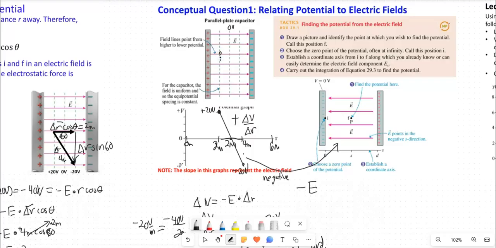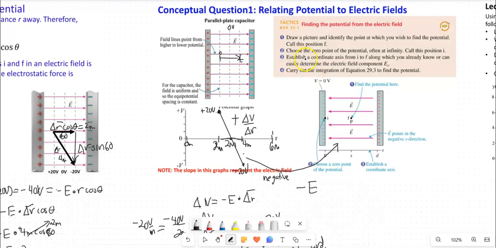That's my initial, and then that 2 meters ended right here. So you have to establish a starting position and ending position. And that starting position could be considered like a 0 point on the potential line, right? It really doesn't matter because we're talking about a change in position, a displacement rather.